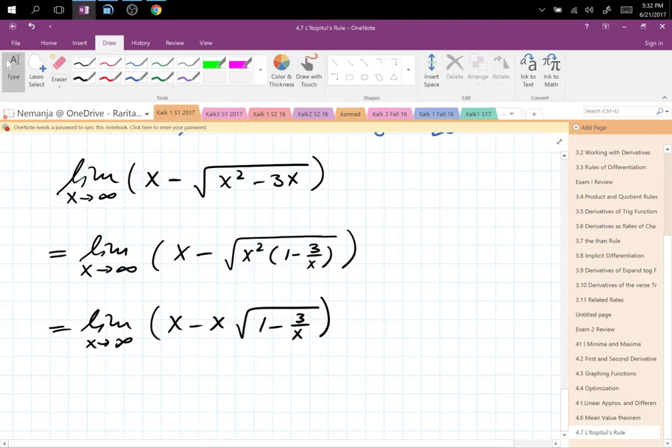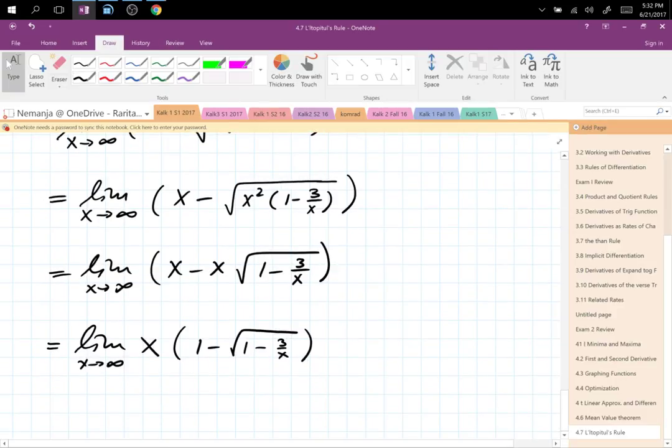And now, finally, we can factor out the x. And we have x times 1 minus the square root. When you plug in infinity, you see how you get infinity times 0 in this case.